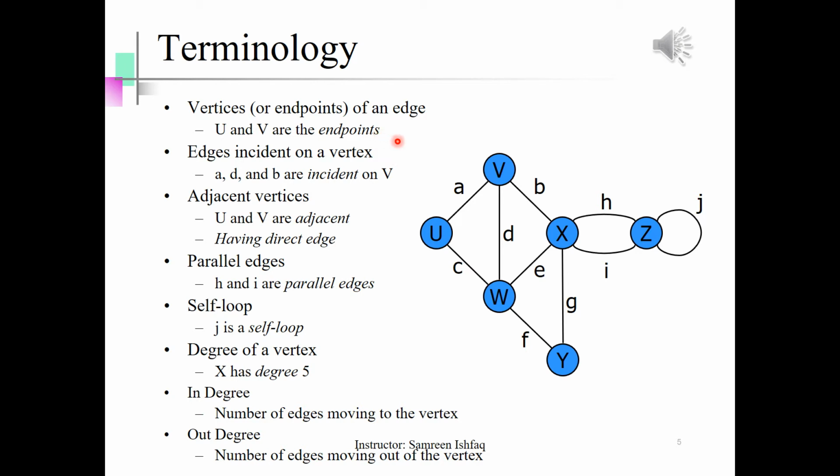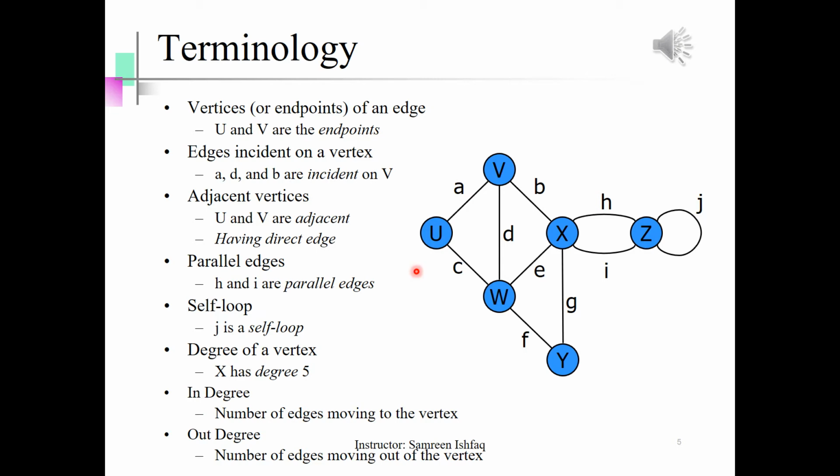A vertex is represented by an alphabet. In this example, U and V are the endpoints or vertices, while an edge is a mathematical term for a line that connects two vertices. Many edges can be formed from a single vertex. Without a vertex, an edge cannot be formed. There must be a starting vertex and an ending vertex for an edge.